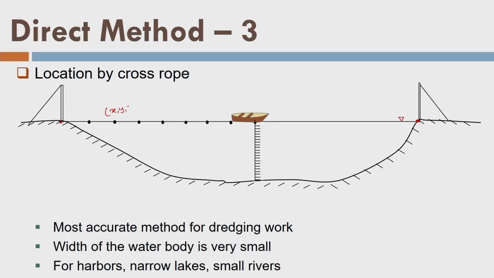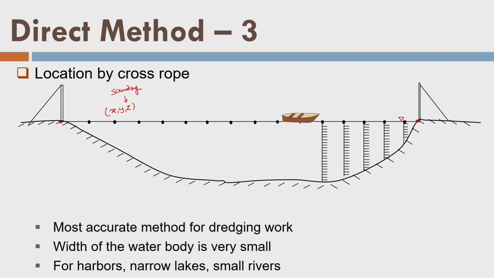At the same time, we are taking the z by sounding. So now we repeat for the whole of these points, right. So my boat will definitely be reaching here, and again we will take another section and we will repeat this thing. Okay. So it is the most accurate method for dredging work.